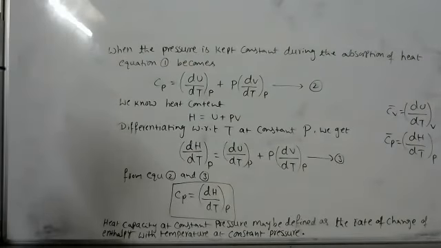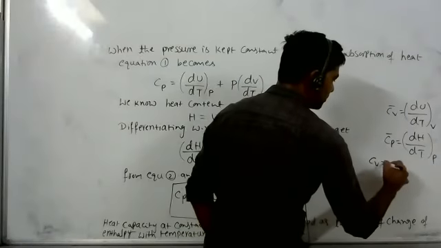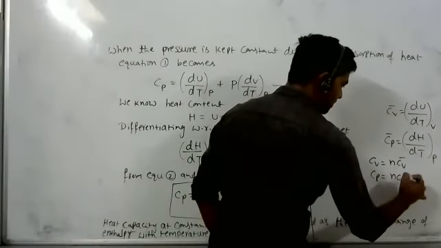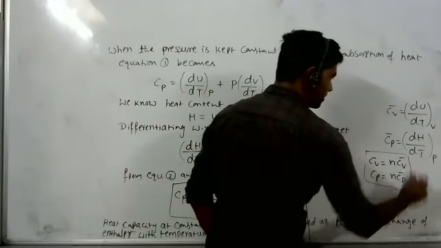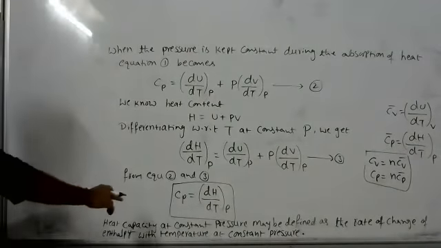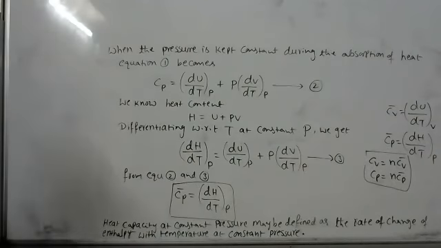Suppose there are n moles of substance, then Cv is equal to n into Cv bar, or Cp is equal to n into Cp bar. Just keep that point in mind. We may keep Cp bar, Cv bar also, and that represents 1 mole of gaseous substance.